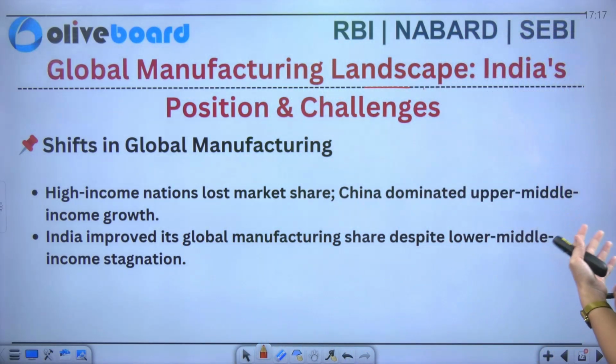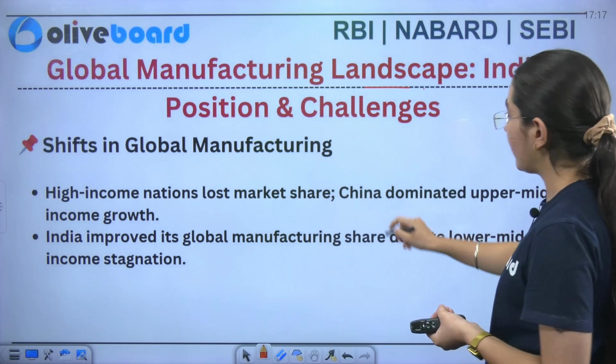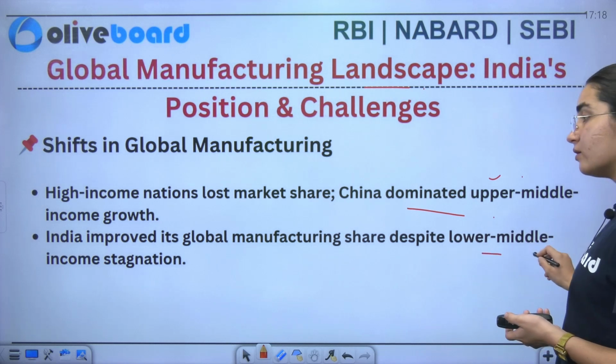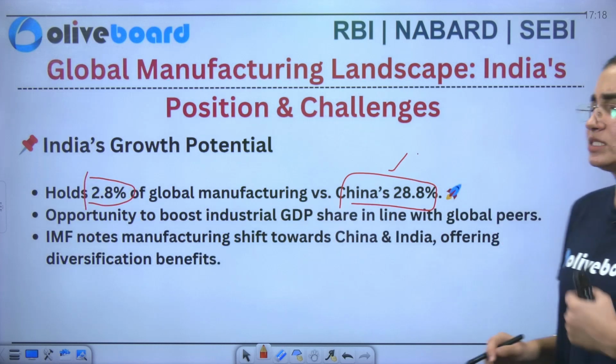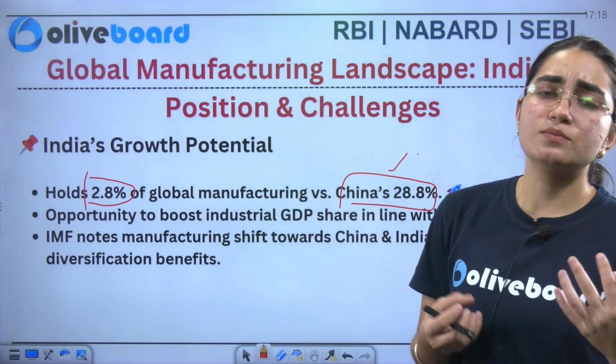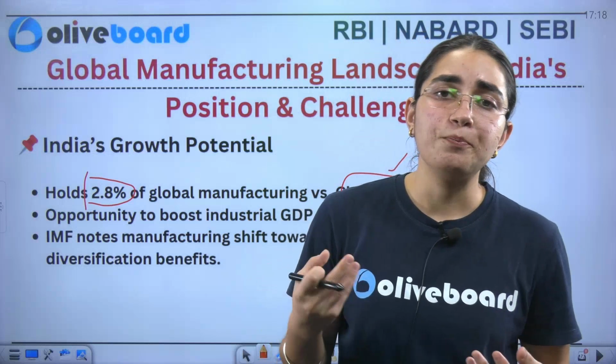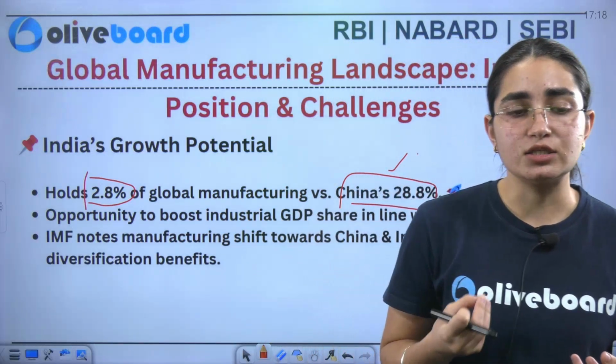Here you can see that high income nations lost market share and China dominated, and upper middle income growth has been seen there. India has improved its global manufacturing share despite lower middle income stagnation. It is being said that India has contributed a little pie in the manufacturing sector also.